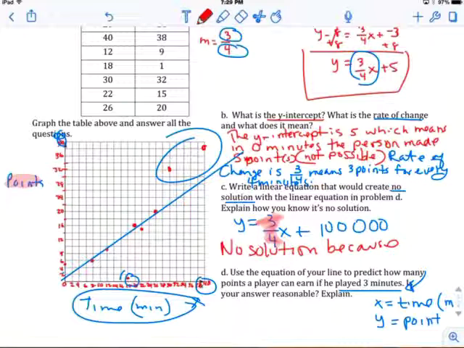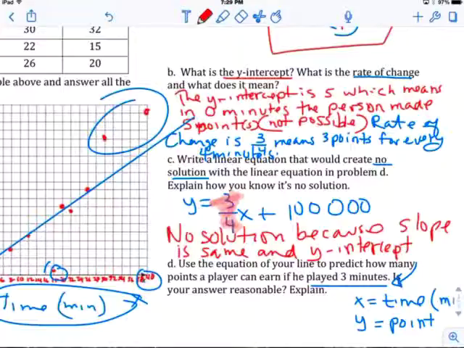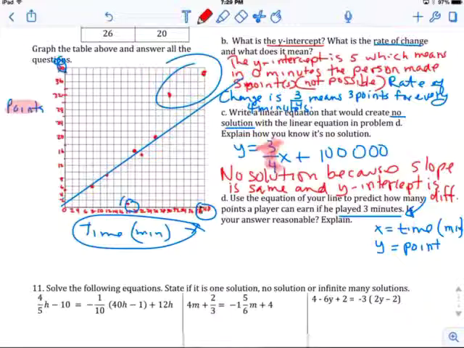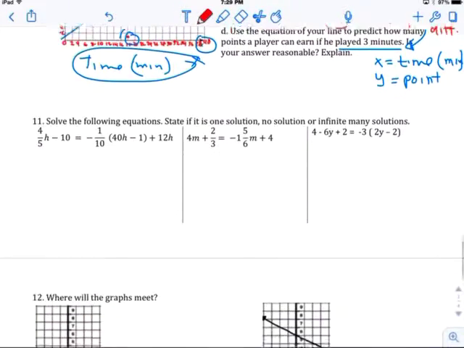Sorry, the slope is the same and the y-intercepts are different. Only about 3 people can't identify slope and y-intercept. Actually, more than that today. Finish it in a complete sentence. I wrote too big, sorry.